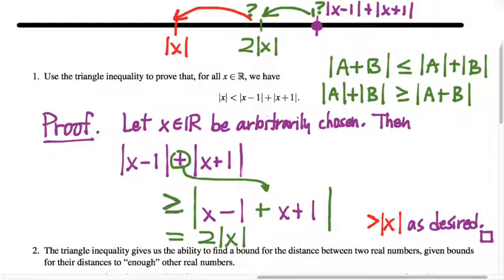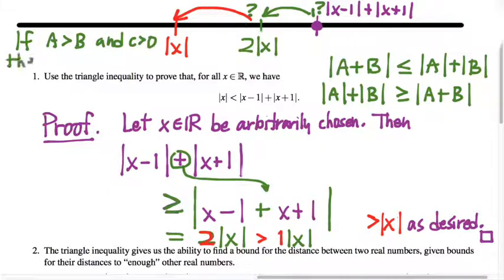Because 2 is greater than 1, first of all, right? So this 2 is greater than 1, absolute value of x. And also, that was one of our order axioms for the real numbers. So reaching back into 1x in our course, one of our order axioms is that if a is greater than b, and if c is greater than 0, then CA is greater than CB.